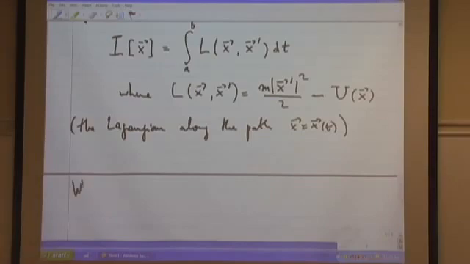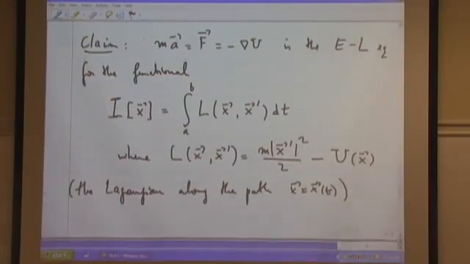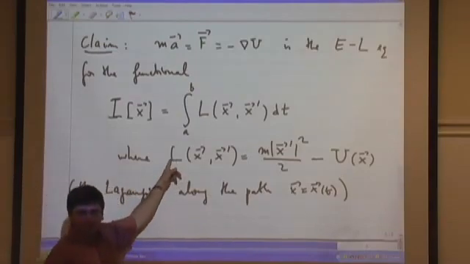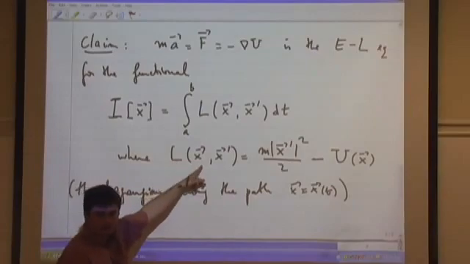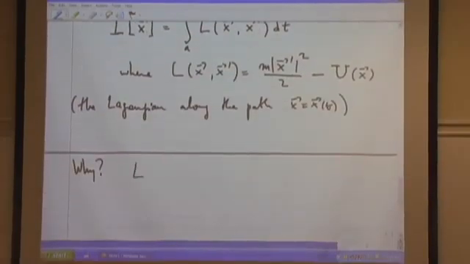So why is this claim true? If you start with this functional, how do you actually get the Euler-Lagrange system of equations? Well, you take the partial of this integrand with respect to each x. So the Euler-Lagrange says this, right?